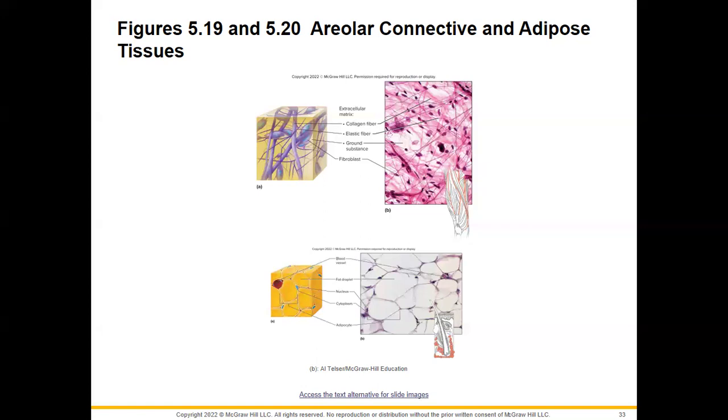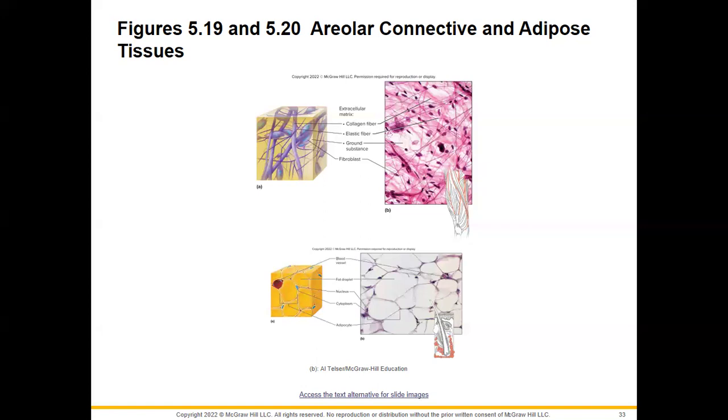And the white spaces in between are actually not empty spaces. That's going to be the ground substance. So the substance that sort of holds and glues everything together. Remember, a couple of slides ago, there was a clinical page about ground substance being the glue.